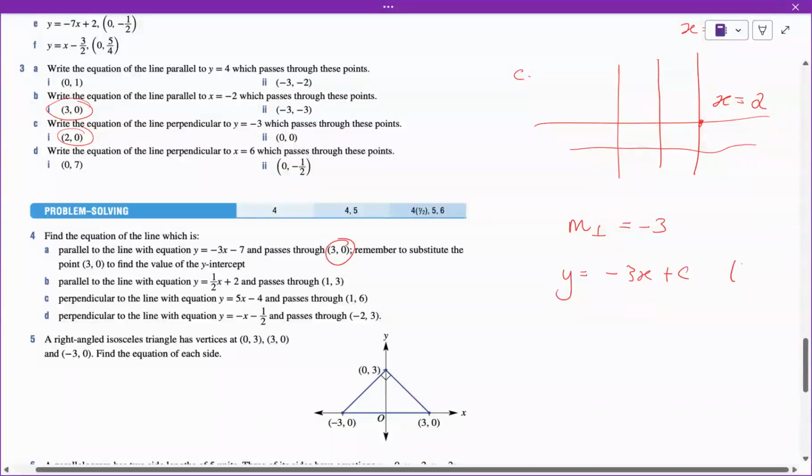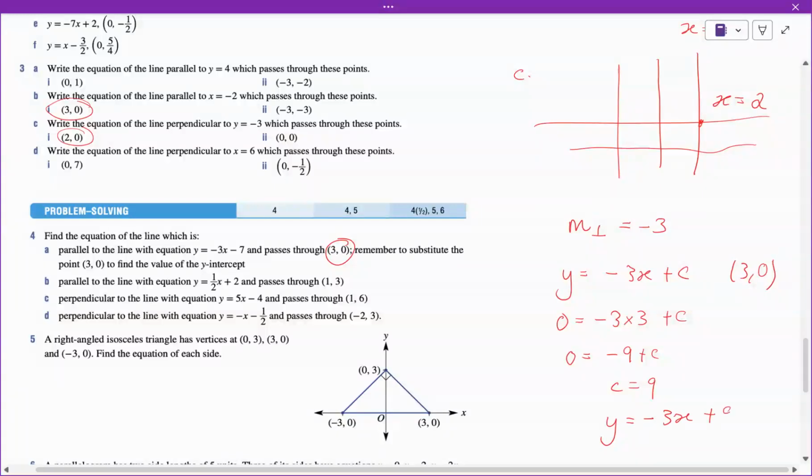So I'm going to write it down, and we're going to substitute it in. This time 0 is equal to y, and we've got -3 times 3 plus c. That gives us 0 equals -9 plus c, which means c is equal to 9. So therefore the equation of the line, we've found the y-intercept is 9, is y equals -3x plus 9.